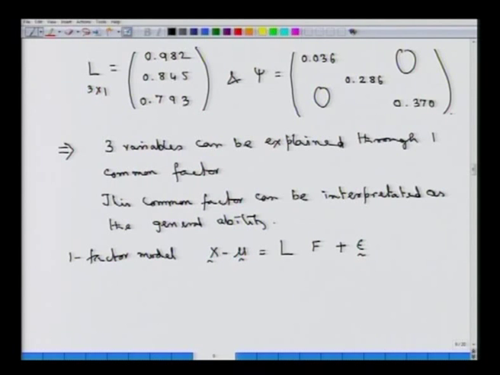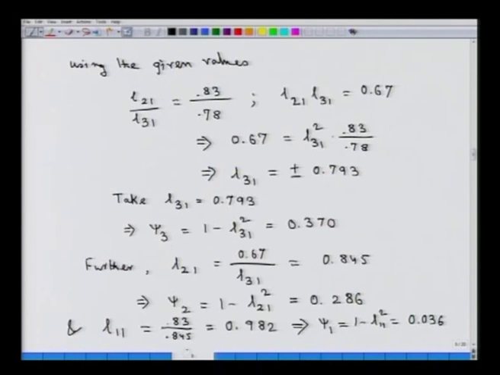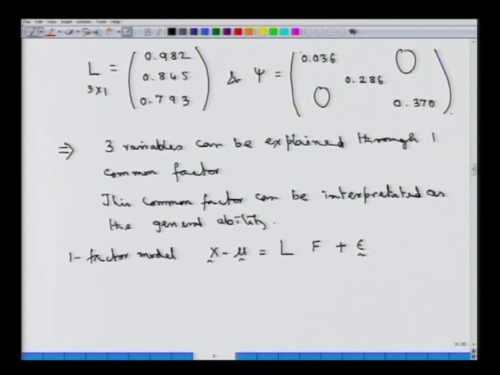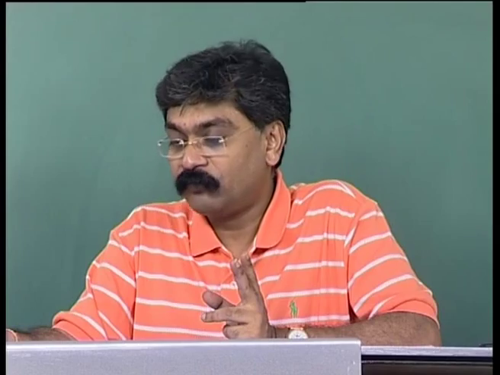And hence, what if we now want to look at the portion of the total variance of x1, what portion is explained by the one single common factor, and what is not explained. The portion which is not explained is this psi 1 factor. Similarly, this single common factor is able to explain 1 minus this particular quantity of the variance of the second variable, 1 minus this term of the third variable.